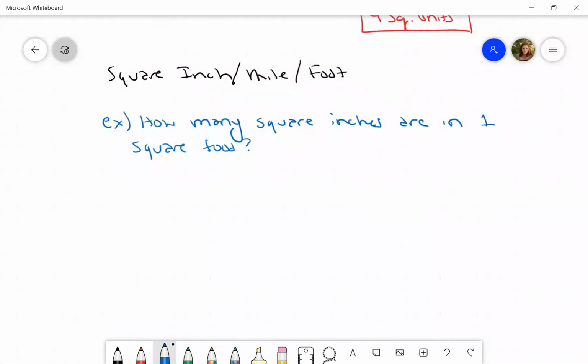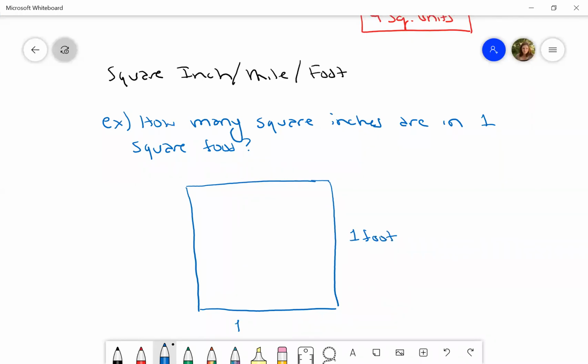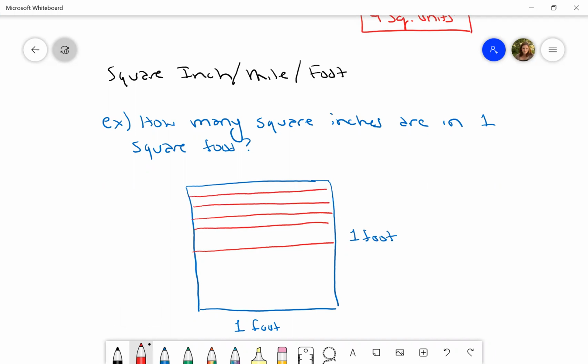So a square foot, we're talking about it measuring 1 foot on each side. And if we're interested in breaking it up into inches, I would actually have to divide this up into 12 equal parts. So these will be 3, 3, half that, and then 3 again, 3 again.